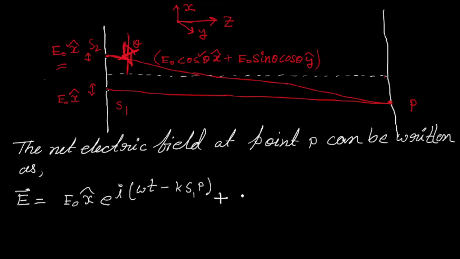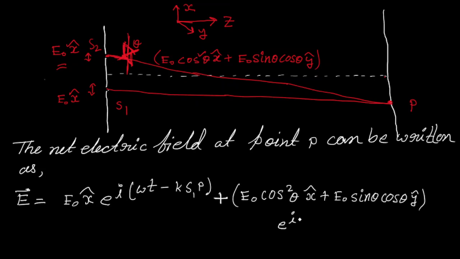And then what will be the electric field of the second wave, which passes through the polarizer? For that, the amplitude will be E naught cos square theta x cap plus E naught sin theta cos theta y cap, and then we have to write the phase term, e to the power i omega t.